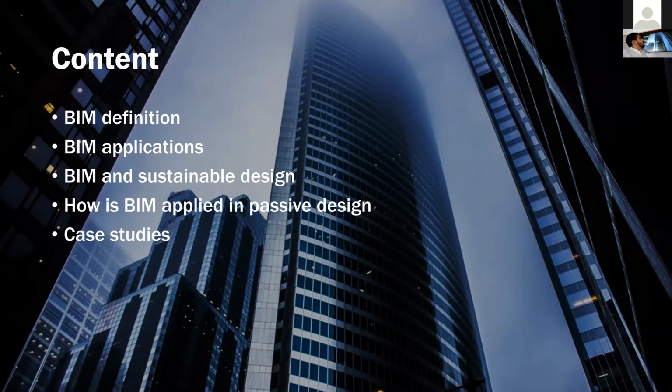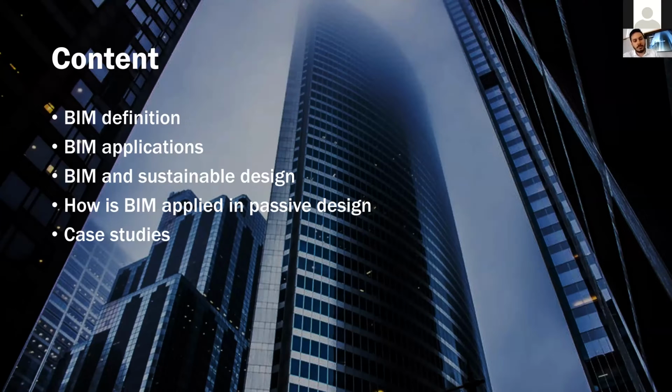So today's content will be: we'll be talking about what is BIM, what is the definition of building information modeling, which is pretty related to the workshop that you're having at the moment. It's part of the bigger picture of what we're doing and what we're trying to achieve in such a workshop.